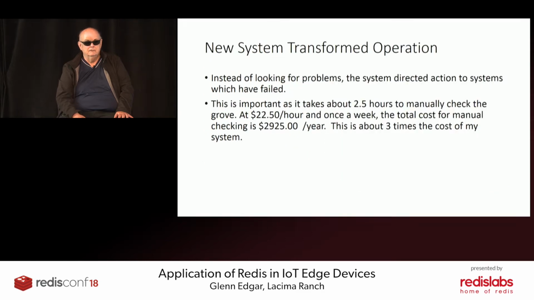So the new system transformed our operation, so instead of having to check every line every week, for our system, that's about $3,000. It's about 1/3 of the cost of my original hardware.